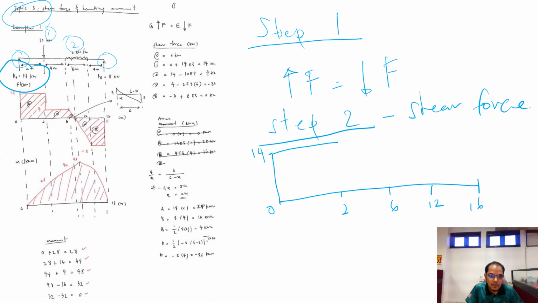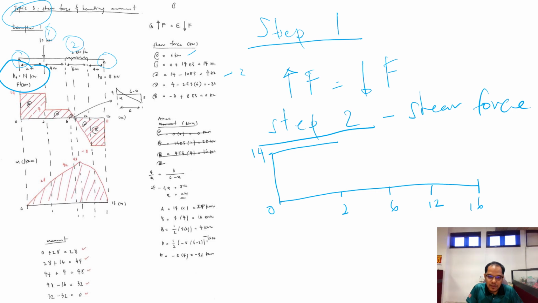Okay, 0 which is here, and then we add with 14 kilonewton, so we got 14 kilonewton at 0, and then it goes up until 2 meter. Then at 2 meter we got another force which is acting downward. That force is magnitude by 10 kilonewton.